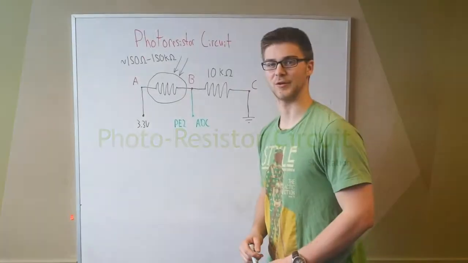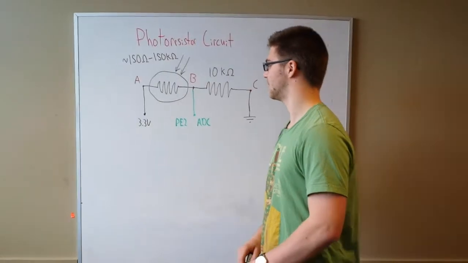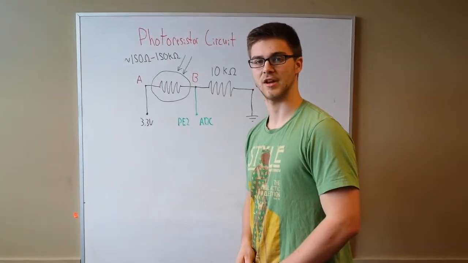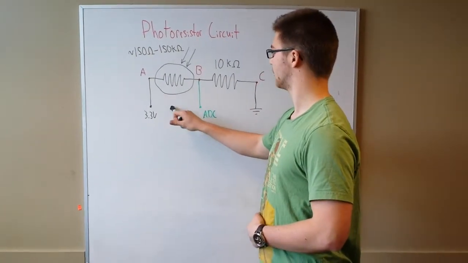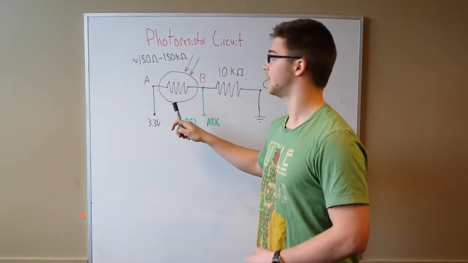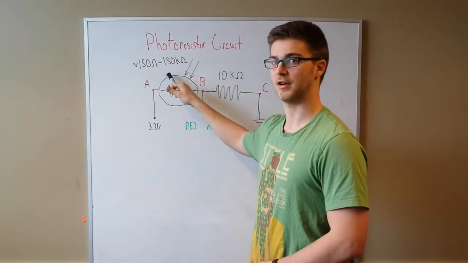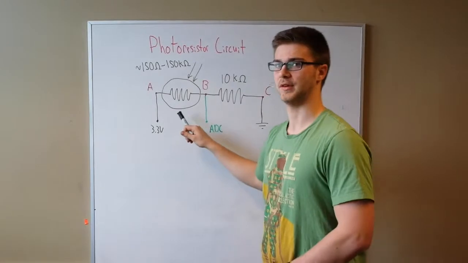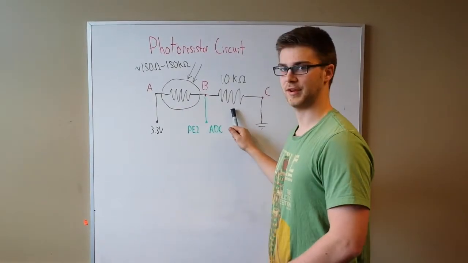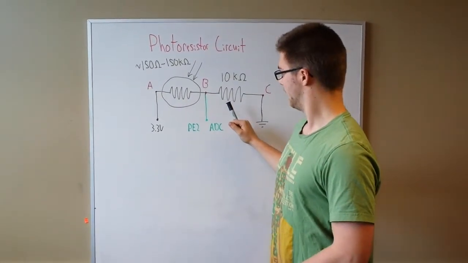Okay, so this is the photoresistor circuit that we use to measure the brightness of the sun shining on our project. It's composed of a photoresistor whose resistance varies from 150 kiloohms at the darkest to 150 ohms at the brightest. This component was put in series with a plain resistor of 10,000 ohms.